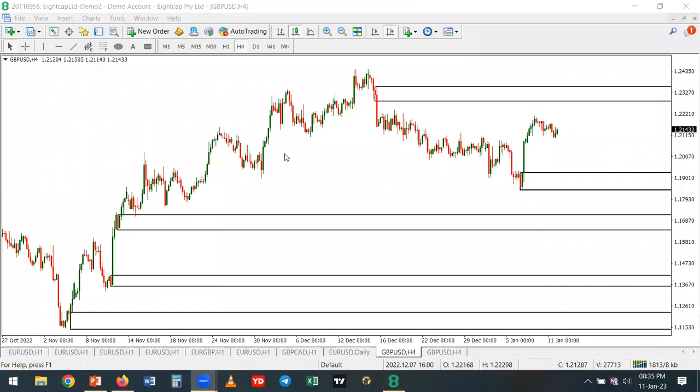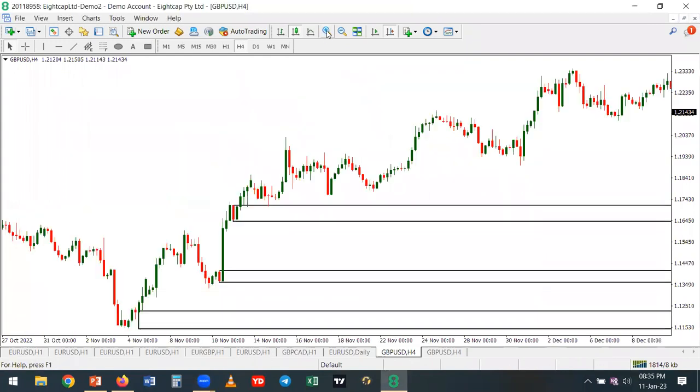All right, we have other block. Let me see if I can zoom in a bit. This is a gap.